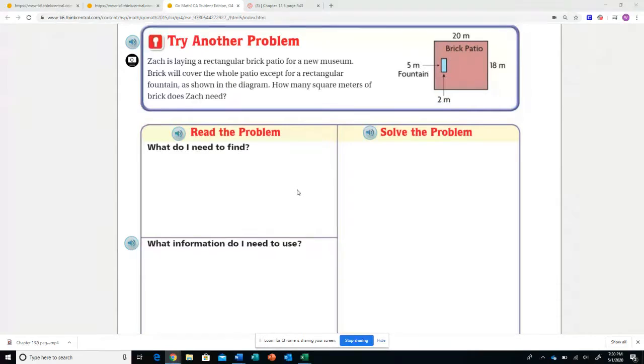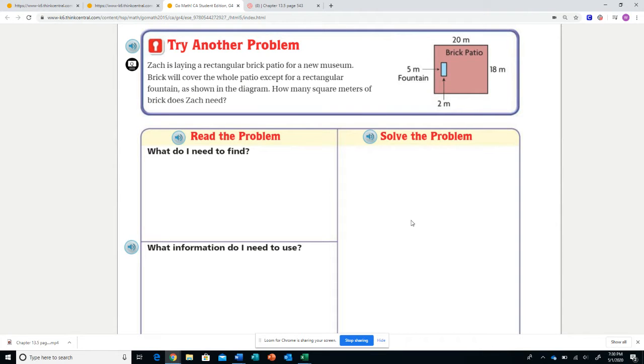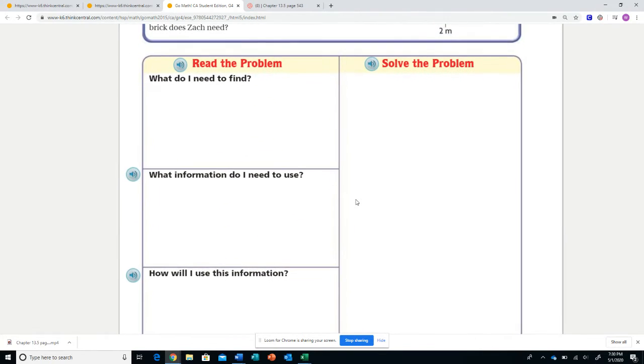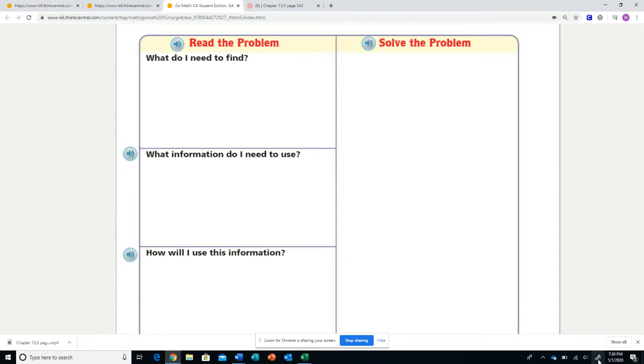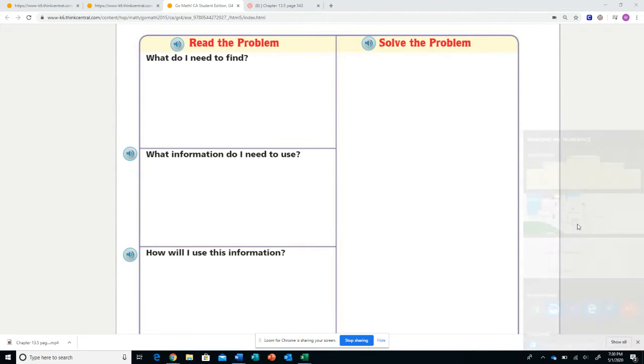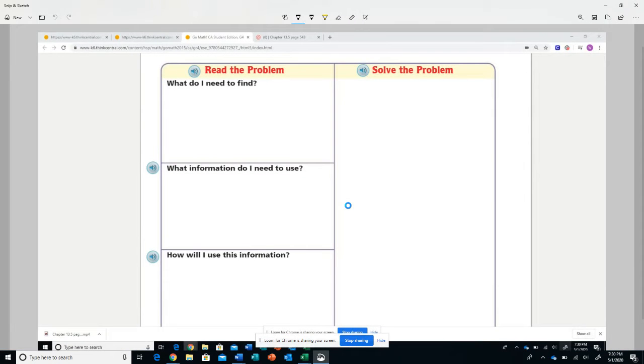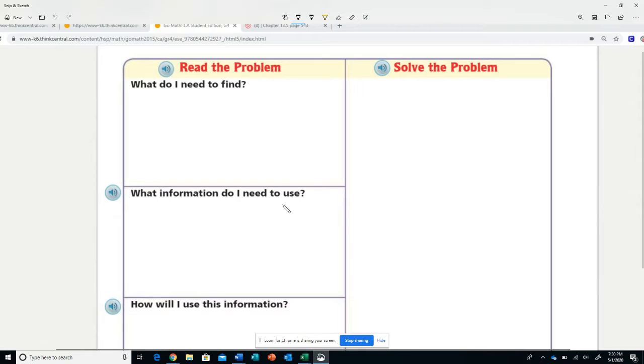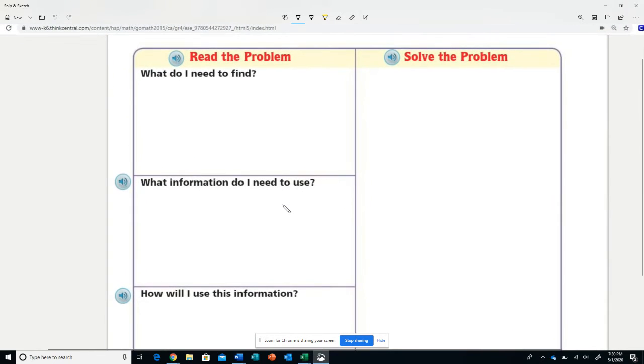So if you are working on this problem, what do you need to find? I need to snip and sketch this. You're going to need to find the area of both of these rectangles. And I just realized that I snipped and sketched this without the numbers.